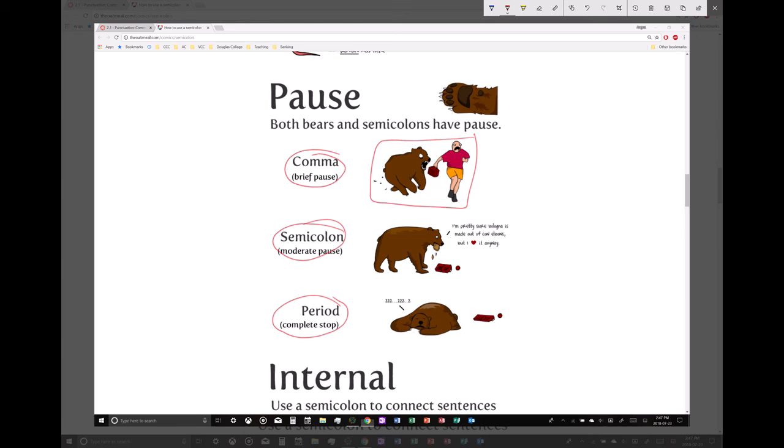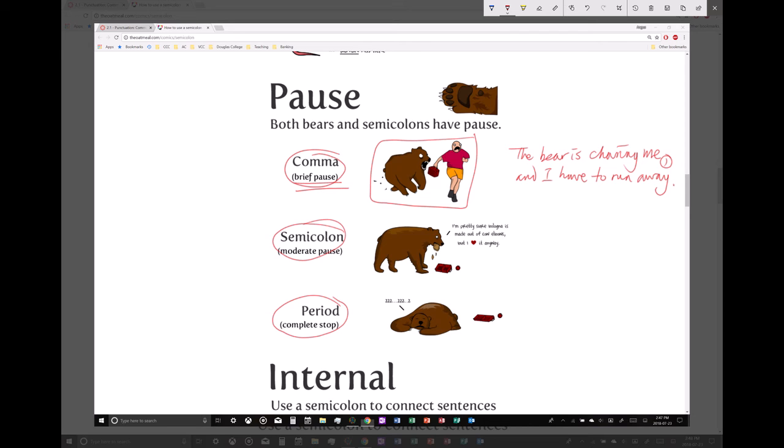I'll use a sentence like this: The bear is chasing me, comma, and I have to run away. So here you have the comma. It's a brief pause, so it reads, the bear is chasing me and I have to run away.